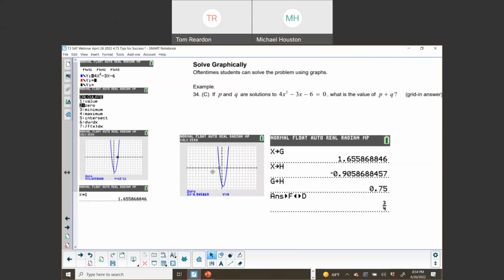So when you solve them, those answers are stored in the variable x. I go off and store it into some other variable to more significant digits, found the other zero, stored it into h, and added g and h and got 0.75, which was actually 3/4. So even though these are awful solutions, and if your students aren't really good with the quadratic formula or working with irrational numbers, this is a way around that. Okay. I really thought that was kind of cool, by the way.